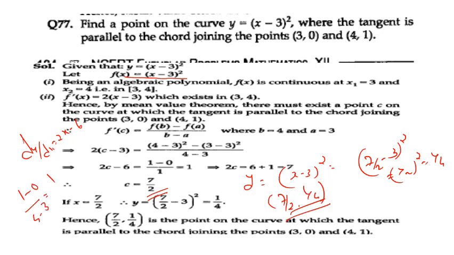So what is it? 1. You know this tangent is parallel to the chord joining 3, 0 and 4, 1, so the slopes are equal. Slopes are equal means you can write 2x minus 6 is equal to 1, 2x is equal to 7, x is equal to 7 by 2. This way also you can do. You note down all these problems. Thank you.